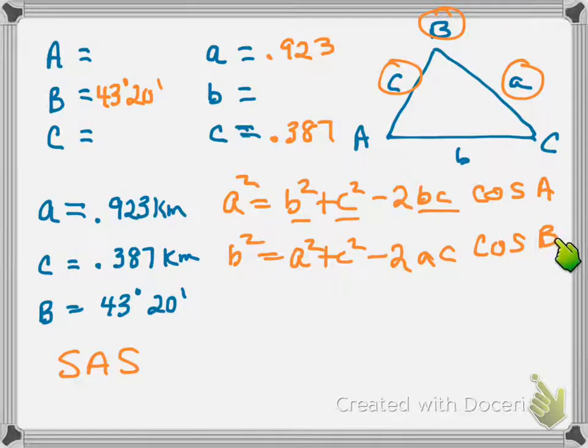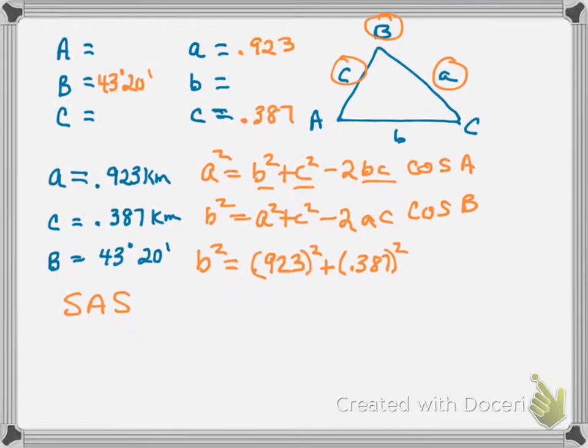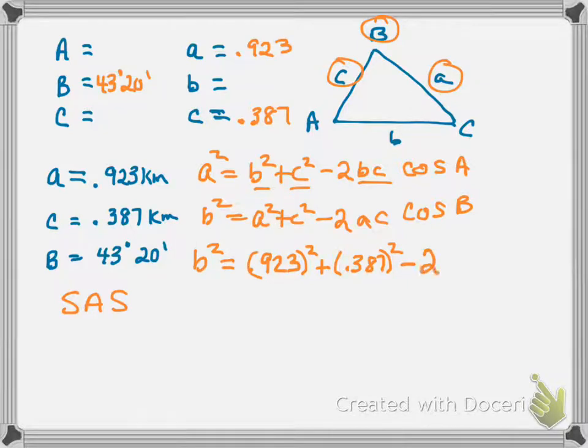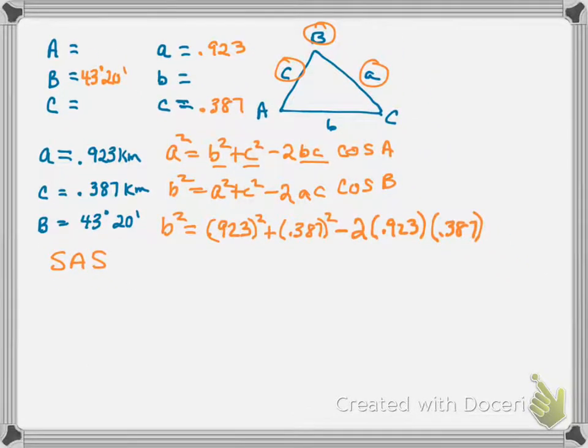All right, so we want to fill in what we know. I know B, and I know A and C. So I'm going to be able to find lowercase b by plugging in the numbers. 0.923 squared plus C, which is 0.387 squared, and then I'm supposed to say minus 2 times A, which is 0.923, times C, which is 0.387, times the cosine of angle B, and angle B is 43 degrees and 20 minutes.